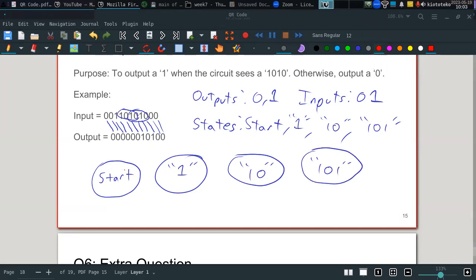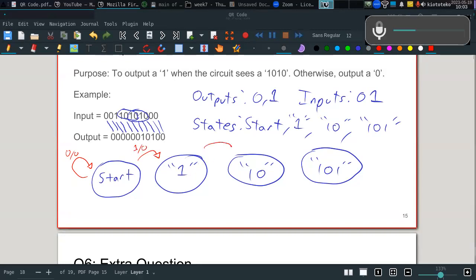If you're in the start and you get a 0, you output 0 also, so you get back to the start. Then you transition to 1 only if you get a 1 here, but you still output a 0. Then if we are here, you'll get to this next state if you have a 0, but you still output a 0. Then you'll go to this state if you get a 1, although you'll still output a 0.